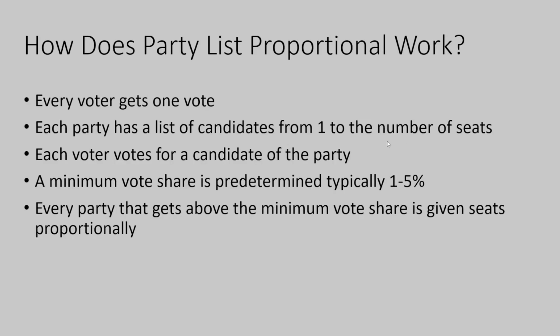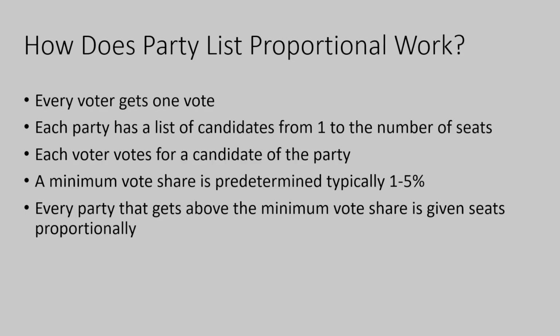So how does open list proportional work? Every voter gets one vote, and each party has a list of candidates from 1 to the number of seats. Each voter votes for a candidate of the party, and those candidates are then, depending on the system, there are some rules on it, there might be some minimum votes needed, will win seats in order of their votes.